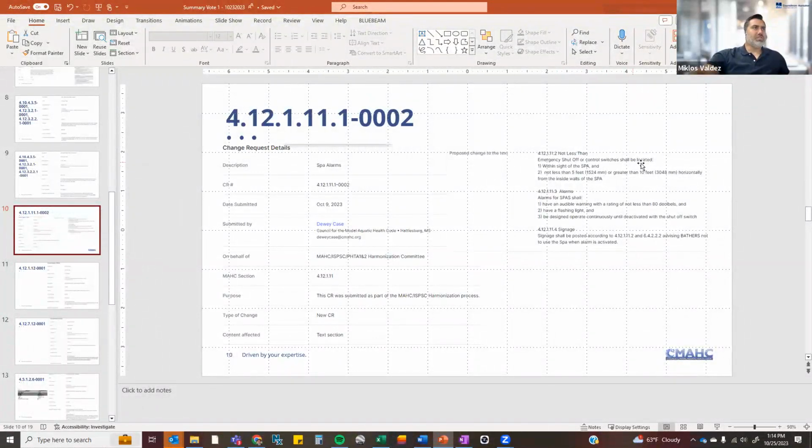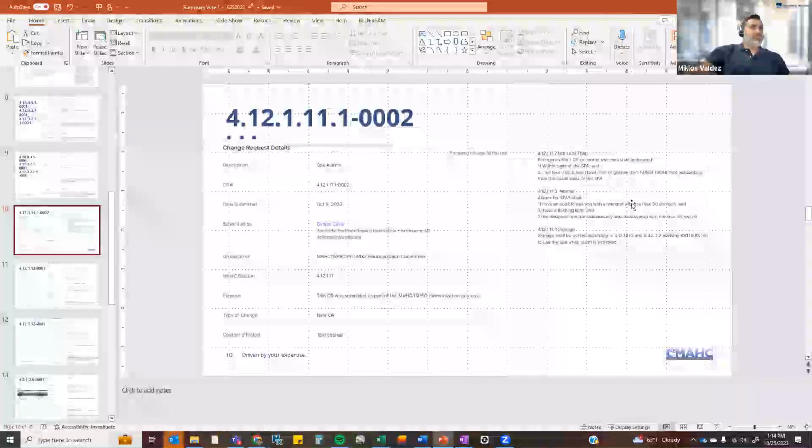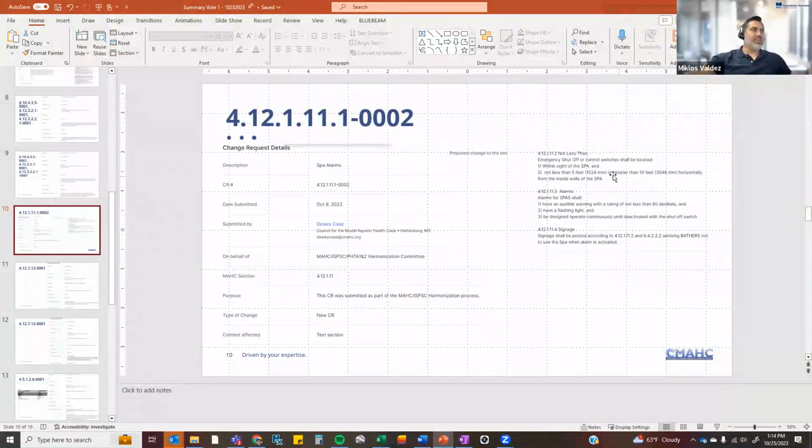Emergency shutoff or control switches shall be located within the site of the spa and not less than 5 feet or greater than 10 feet from the inside wall of the spa. Alarms should have a rating of 80 decibels, have a flashing light, and operate until deactivated, and they shall have signage that complies with these other two areas.